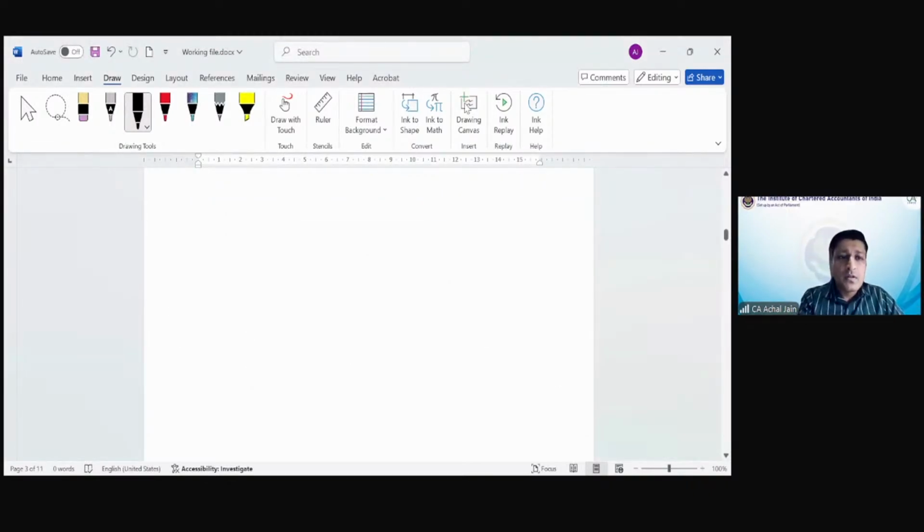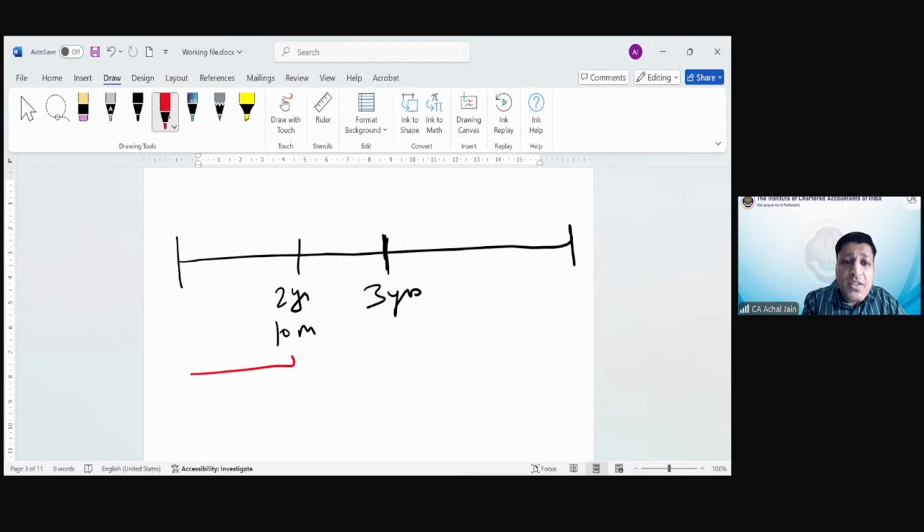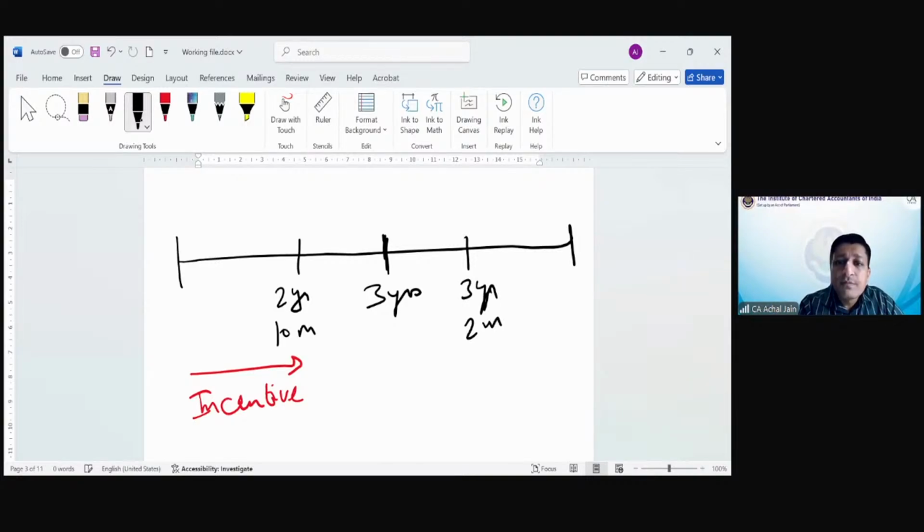So let me just show this to you. See, the agreed period is 3 years. If you complete within 2 years, 10 months, that is where you get the incentive. Then the second window is 3 years, 2 months.